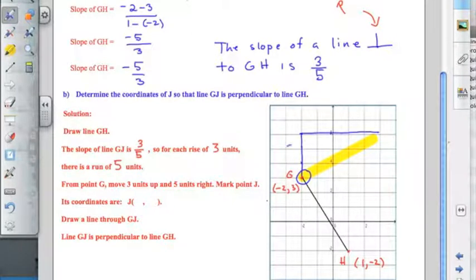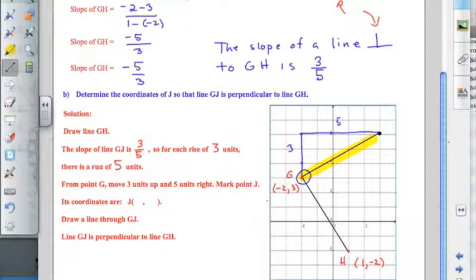So this is my rise of 3 and my run of 5. I'm going to put a point down right here. Then I can draw a line between them, and you can see that that does look like a perpendicular line.